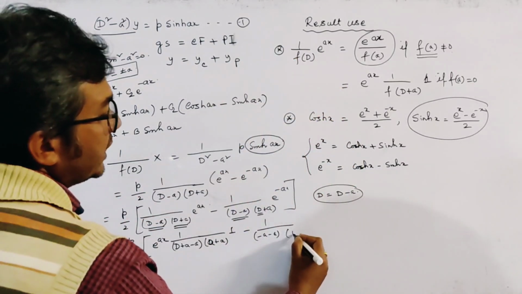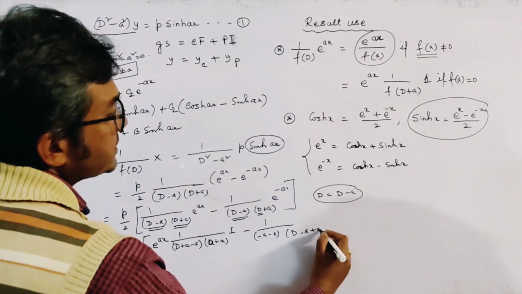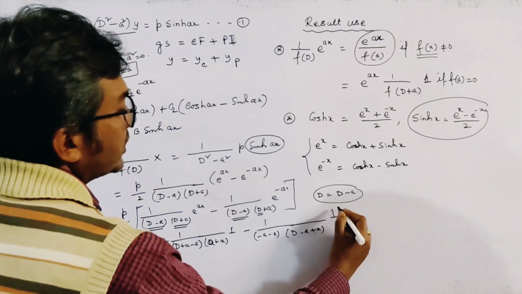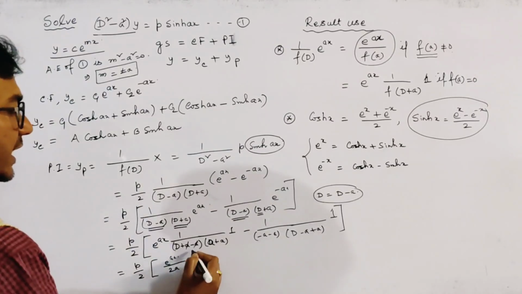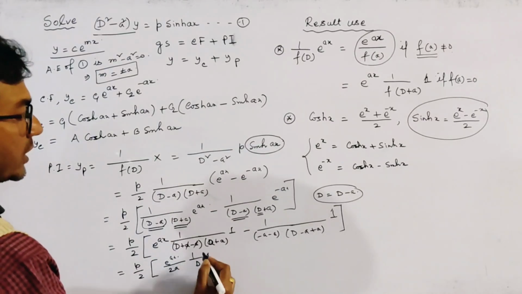So we get D minus a plus a, and also write another 1. So we get p by 2 into e to the power ax by 2a, because a cancels out, 1 by D into 1.